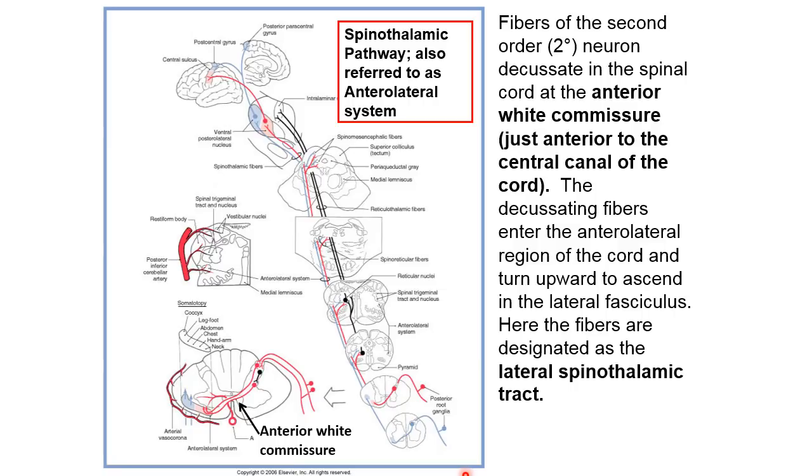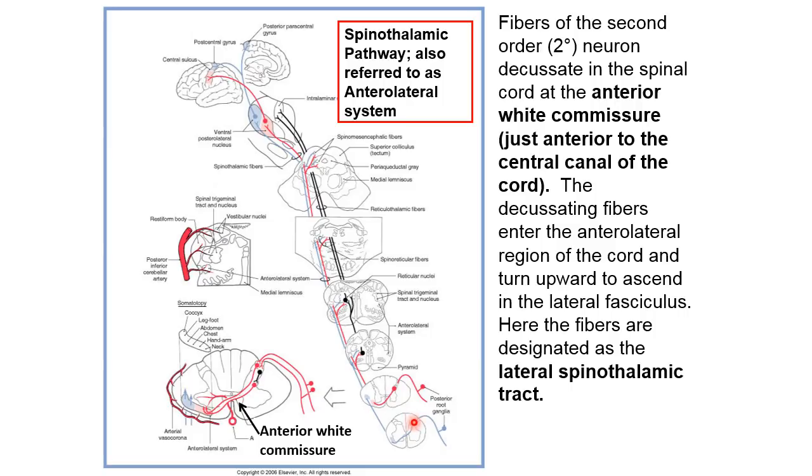We see here the overall pathway of this system, and recognize that the fibers come in this case from the legs, represented in blue, and they enter the dorsal horn.